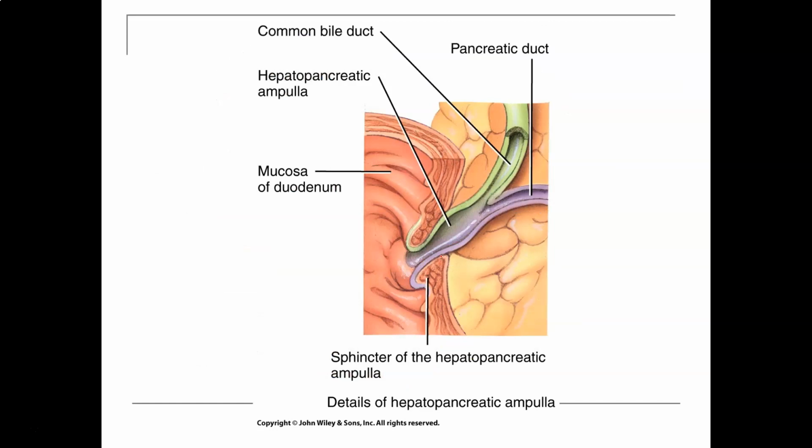And we can see a close-up here of where the pancreatic duct is coming in, and before it enters the duodenum, it joins with the common bile duct carrying bile, and together they enter the small intestines. Okay, and we'll talk about the bile shortly.